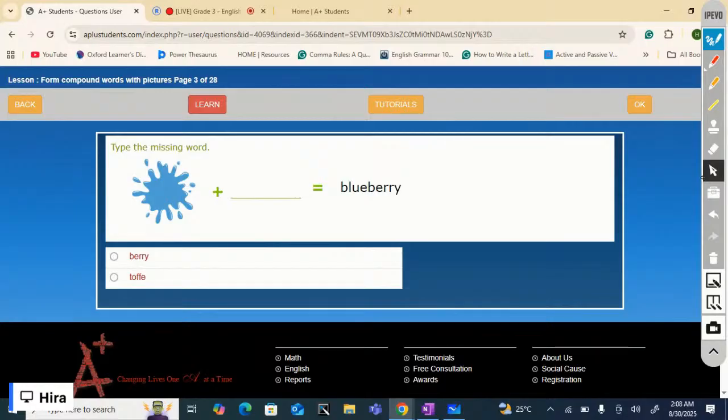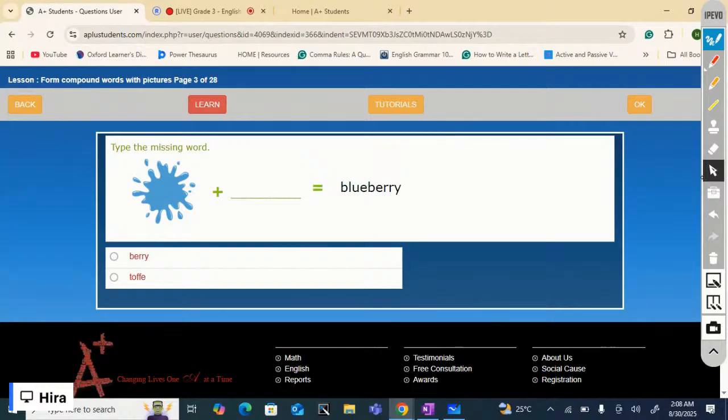Blue, it's the color blue. And in the options you have berry or toffee. So blueberry is the answer because it's a compound word. Blue is the name of a color, berry, a fruit, and when you combine these two, you get the name of another fruit, blueberry, another berry actually.